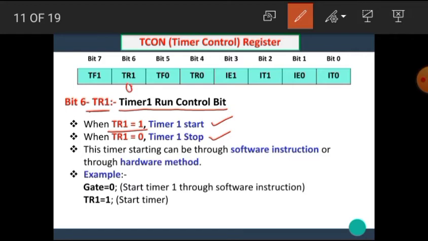Starting the timer can be done through a software instruction or through the hardware method. For example, when GATE is equal to 0, then start timer 1 through the software control instruction TR1 equal to 1. That means when the GATE bit of the TMOD register has value 0, we can also start the timer by setting this timer run bit to 1.